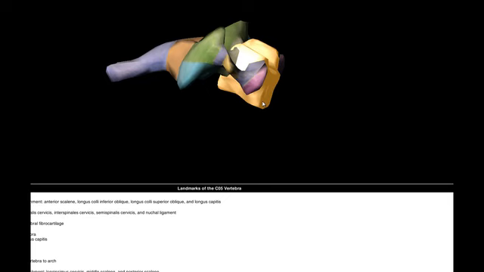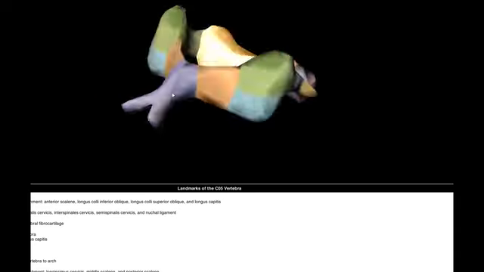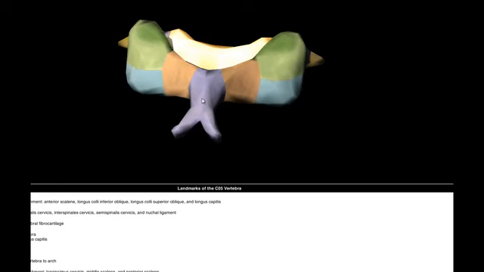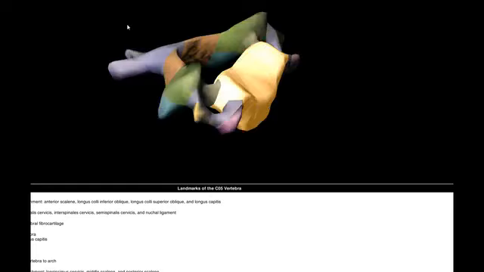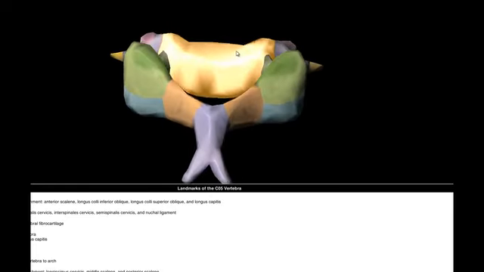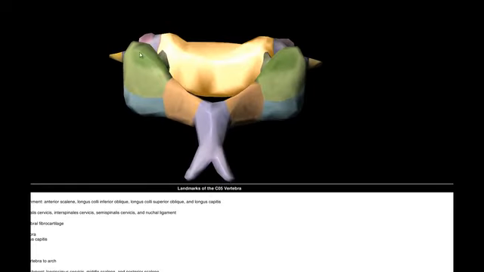So if I rotate my head to the left, the motion that I'll have on the facet joints is, if I spin this around, so if I rotate my head to the left, the superior facet will drop on the ipsilateral side and will elevate on the contralateral side.